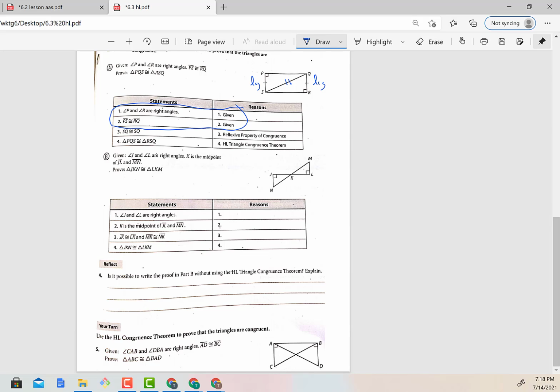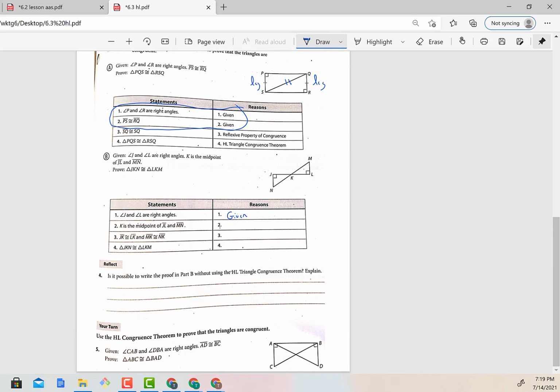I again encourage you for example B. This time they've given you all the statements. Pause the video and see if you can write the reasons in the right-hand column. So statement 1, angle J and angle L are right angles. That is the given.